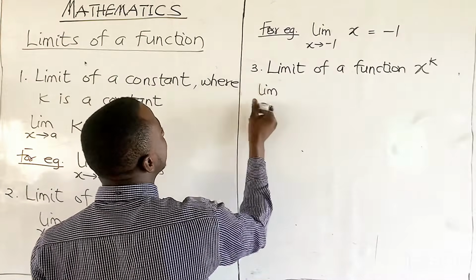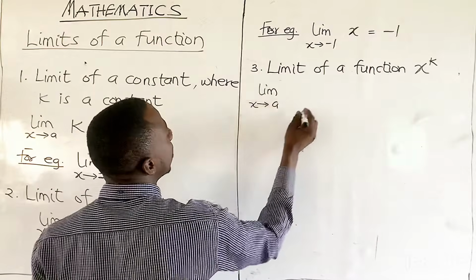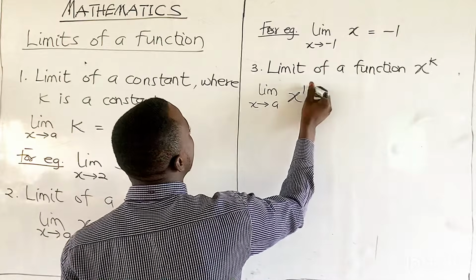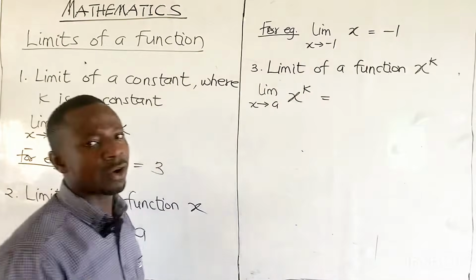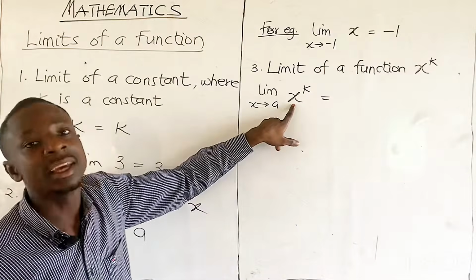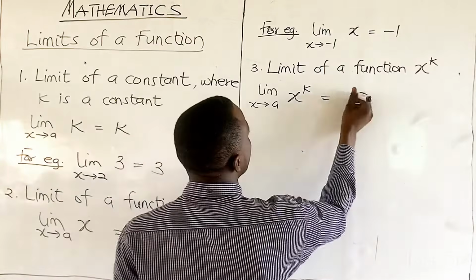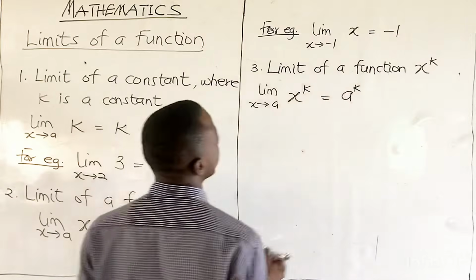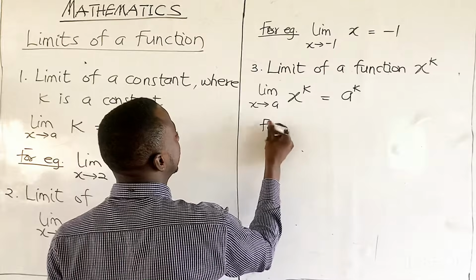So we have limit as x approaches a of x to the power k. Because the x is carrying an exponent, I'll just substitute a in the function. Then we have a to the power k. So let's pick an example.